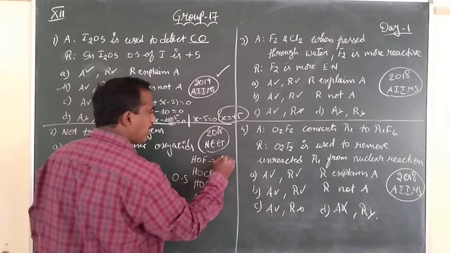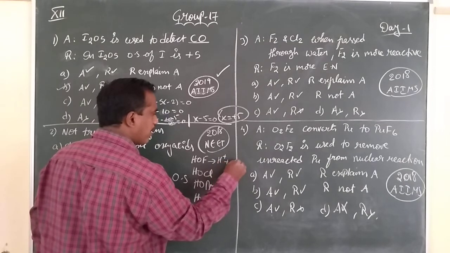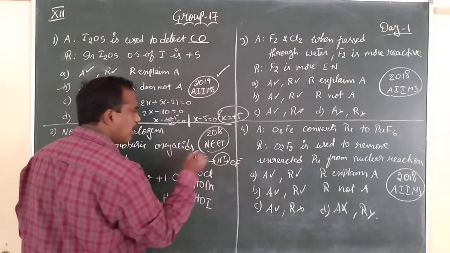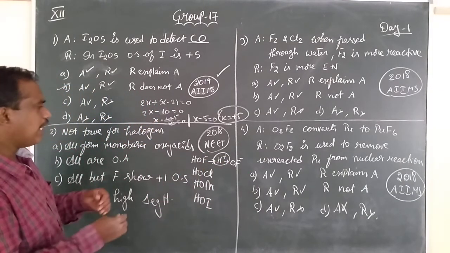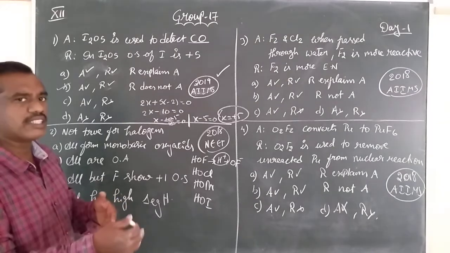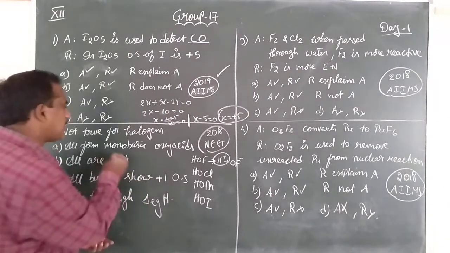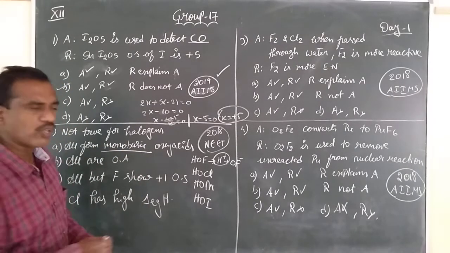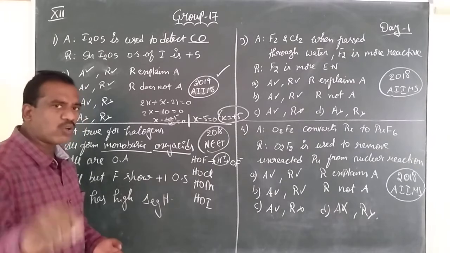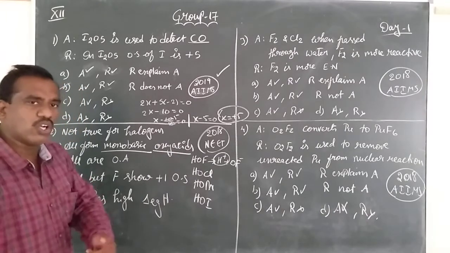They are ready to give one H+ ion and the OF- ion. So the ability of this oxoacid to lose one hydrogen is said to be a monobasic oxoacid. If they are readily giving one hydrogen, it is called a monobasic oxoacid.